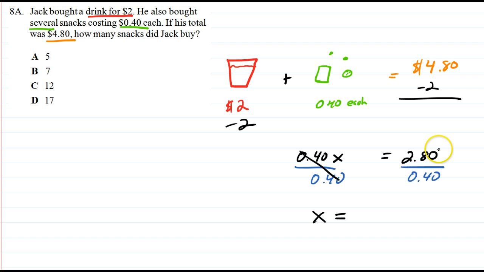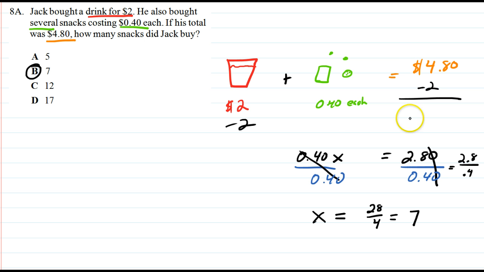So what you can do when you have the decimals like this is the zeros are going to cancel out. And so now it's just 2.8 over 0.4. And then with the decimals you can just move them once. As long as you move top and bottom the same, you're good. And so that becomes 28 over 4, which is equal to 7. So the correct answer is 7.